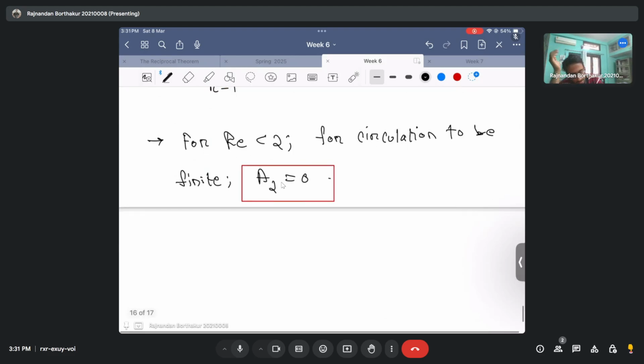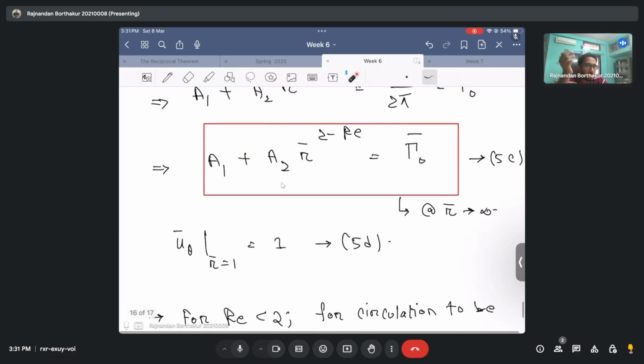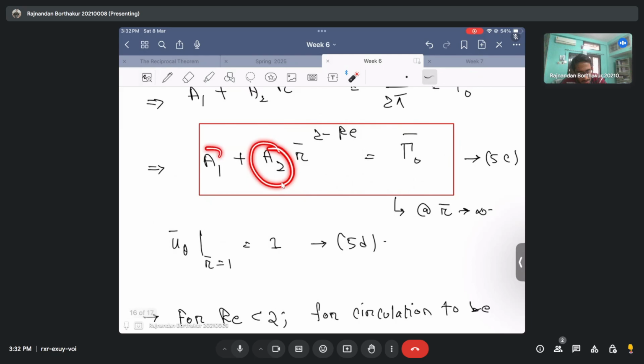But as you can see, for Reynolds number greater than 2, of course analytical solution is still not possible because I am saying that my right hand side is finite. If I now choose Reynolds number to be greater than 2, this term becomes less than 1 to be precise, which means that when r bar goes to infinity, this term will anyway disappear, meaning that I cannot uniquely determine the constants a1 and a2.